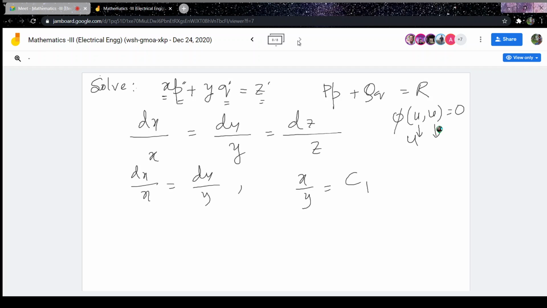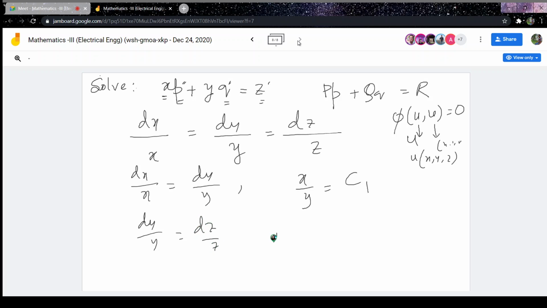You know your u is a function of x, y, z, and your v is a function of x, y, z. So this is your u. And the other one, you can take any two, dx by x, dz by z, or I am taking here dy by y is equal to dz by z.